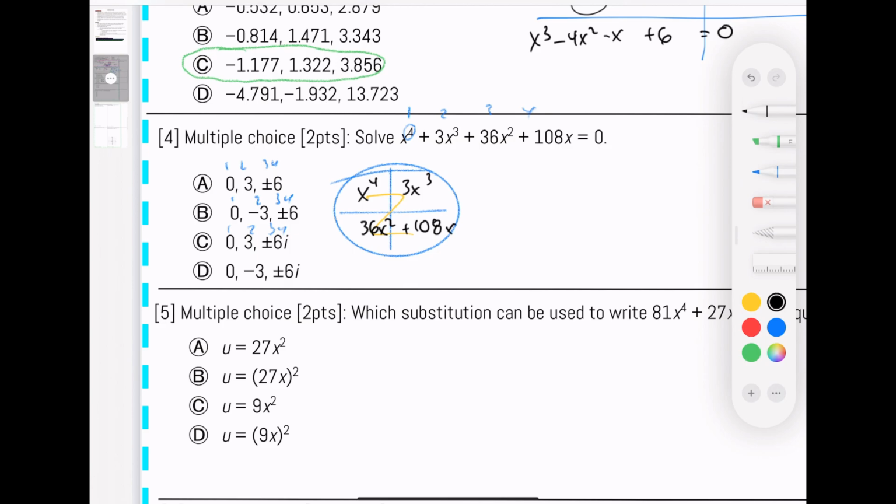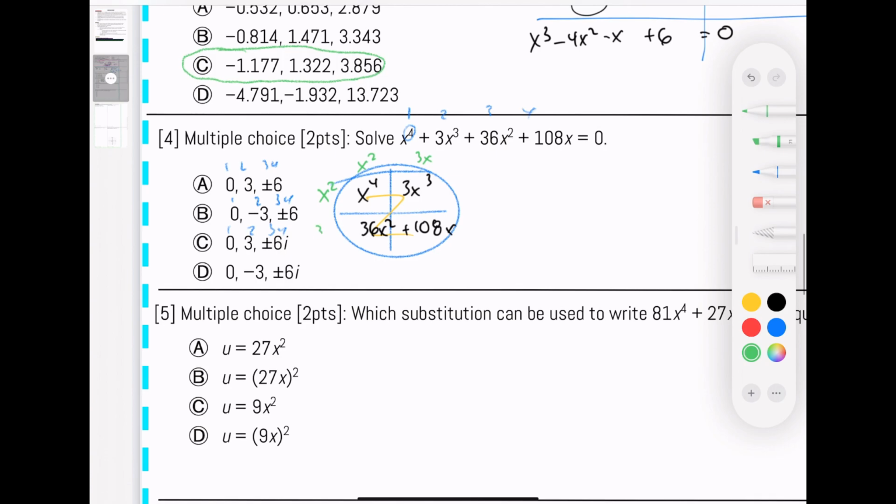Now I noticed something, but I won't say anything until the very end. Okay, to make these two match, I'm gonna have to do x squared. This one will be 3x, and this one will be 36.